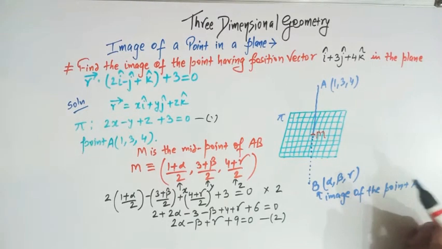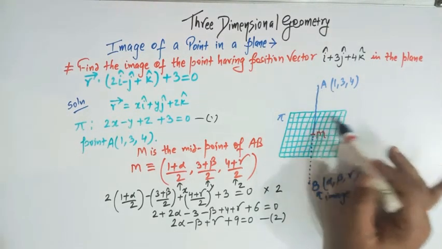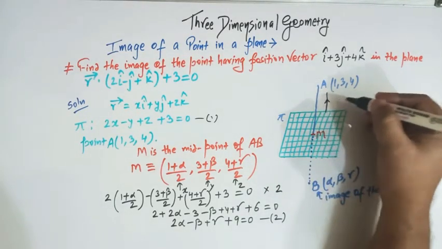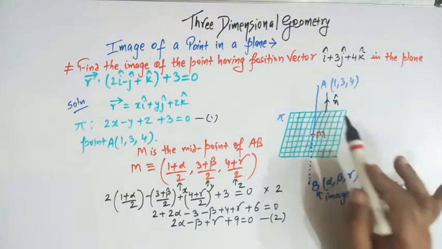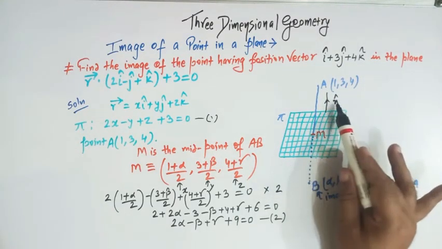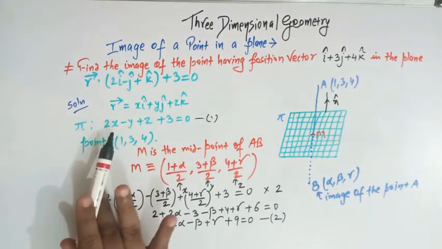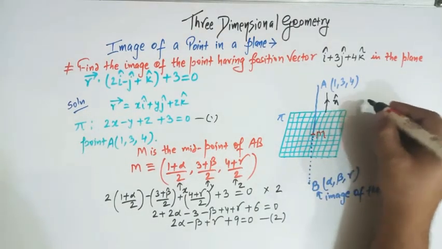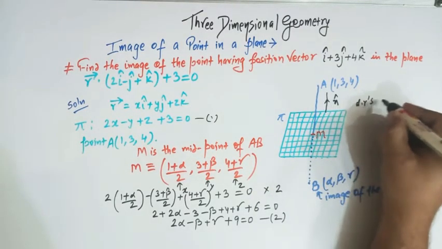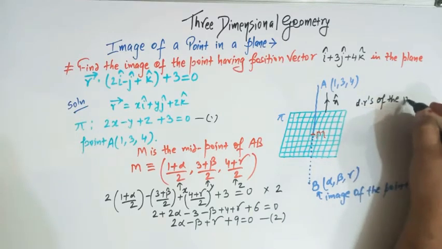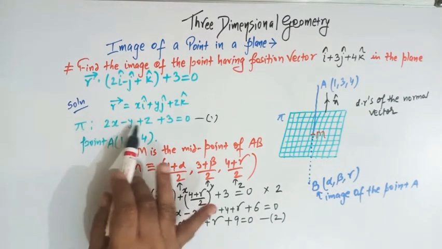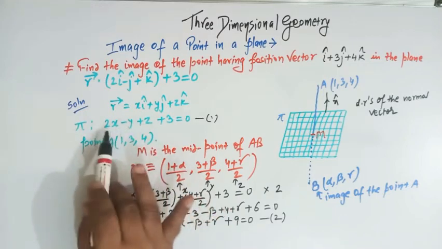Okay, now the normal to this plane, right? Let us take this vector as the normal to this plane, and this is n cap, and the direction ratios of the normal vector to the plane are given by the coefficients of x, y and z in the equation of the plane.